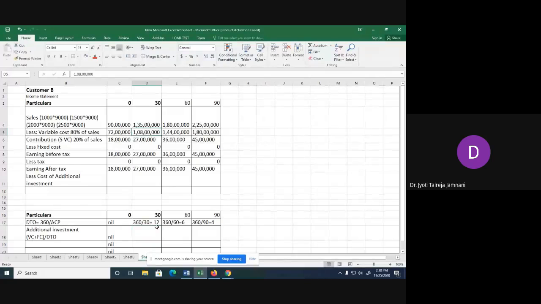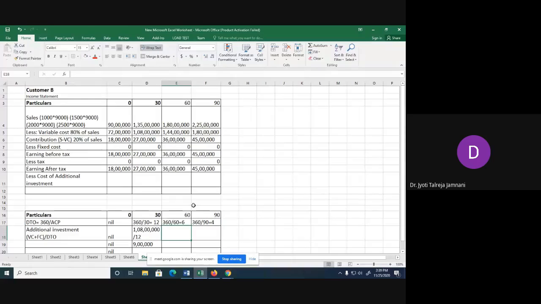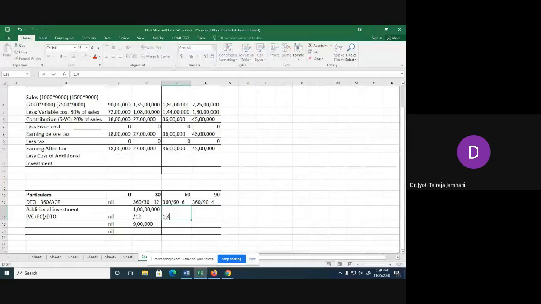So 1 crore 8 lakhs divided by 12 times, the debtors turnover ratio, so you get 9 lakh rupees. Then in the third case for 60 days, variable cost is 1 crore 44 lakhs divided by 6, that is the debtors turnover ratio.